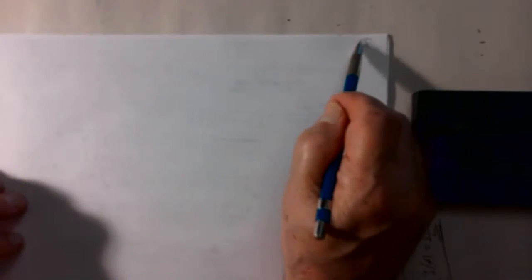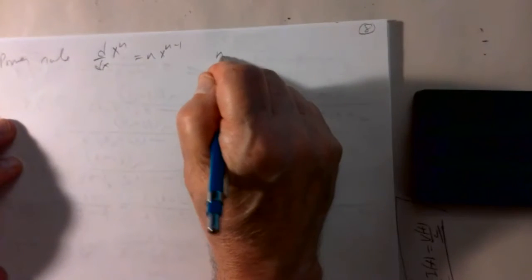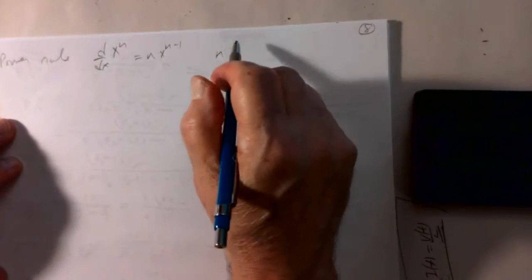Let's look at some more examples. So let's recall the power rule. I said this is true for all exponents, but I only proved it for n a positive integer or 0.